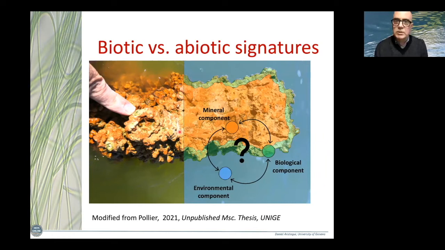And here you can see this in this photograph that I have modified from Clément Pollier, that shows that the mineral component, which is what we as geologists find, has an interaction with the biological component and the environmental component. But what is exactly this interaction, and what is the process that triggers the final mineral components that we see afterwards in nature?